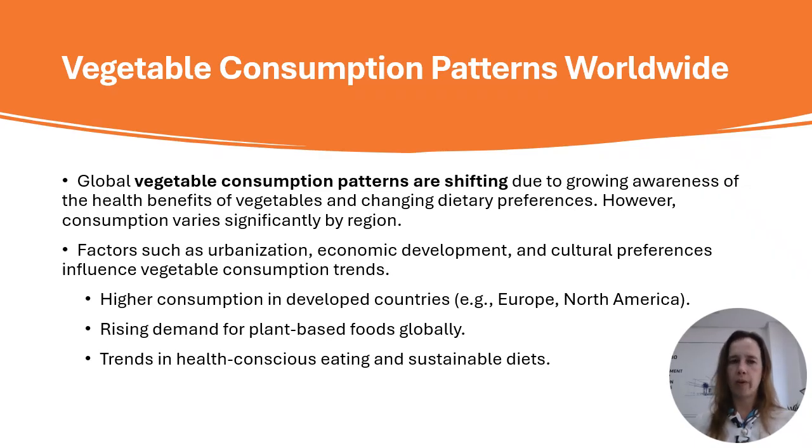The power of the community, the cultural behavior, traditions, religion, and other factors may change this consumption pattern. Urbanization, economic development, and cultural preference are the three main ones. And we could even do a complete study on this alone.